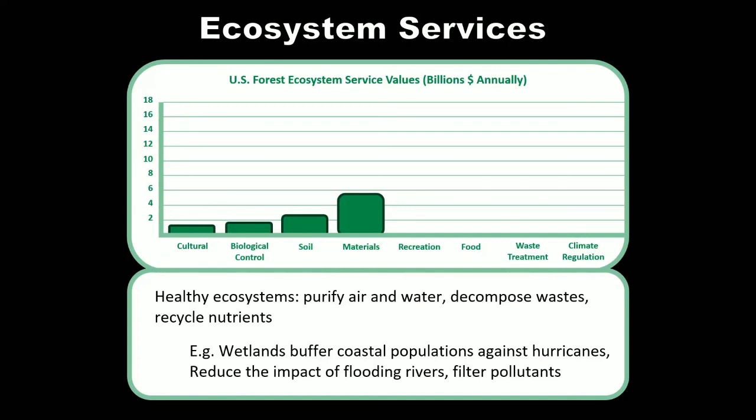Now, it takes a little bit more money to do it that way, but that means that you're always going to have trees to keep getting building materials from over time. So that, offering us building materials, is another ecosystem service that is offered by U.S. forests, and that comes in at around $5.5 billion annually.